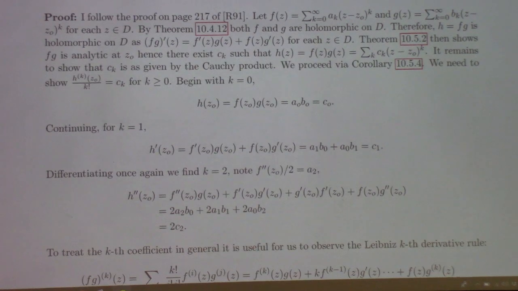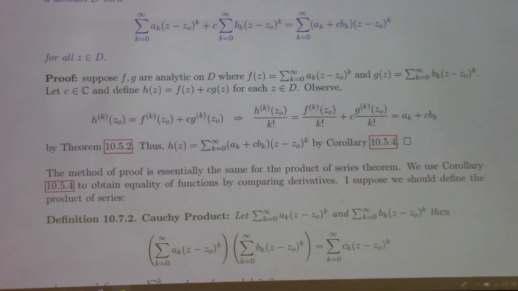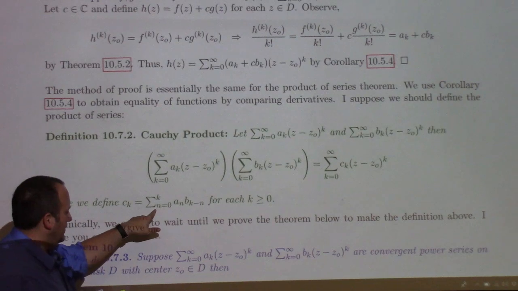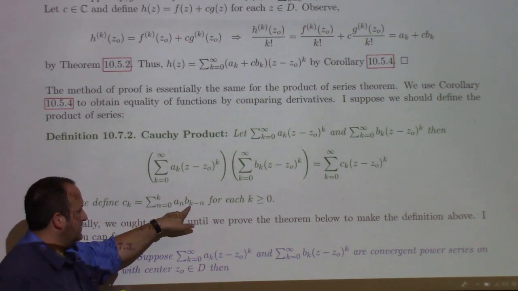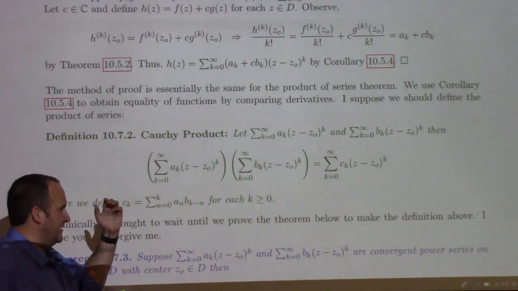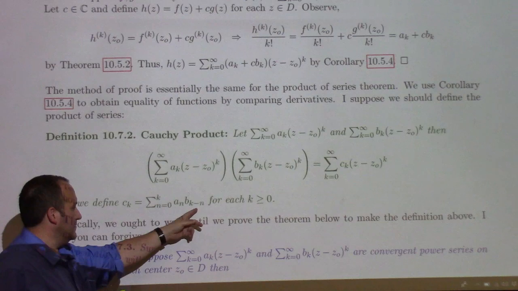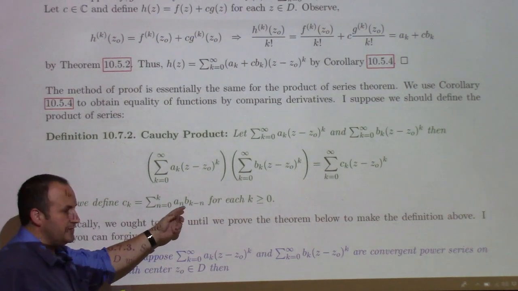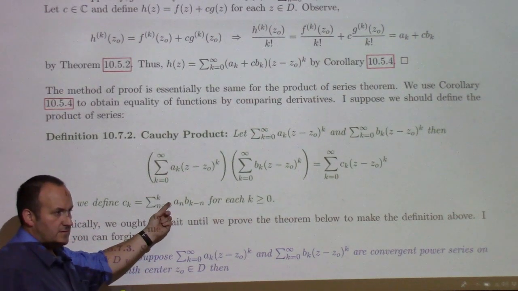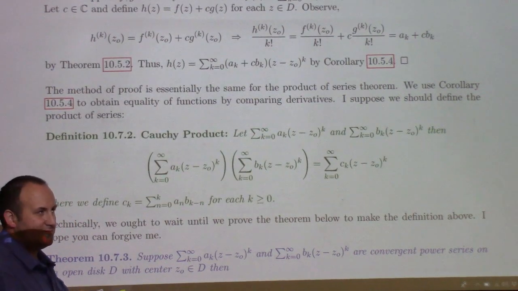What is c2 equal to? So c2 is the sum from n equals 0 to 2 of a_n b_(2 minus n). So that's going to have a0 b2, a1 b1 plus... oh, okay, I'm an idiot.